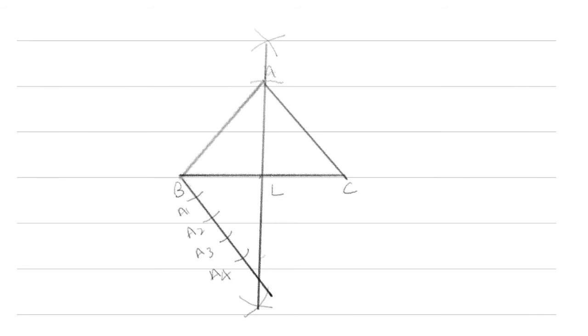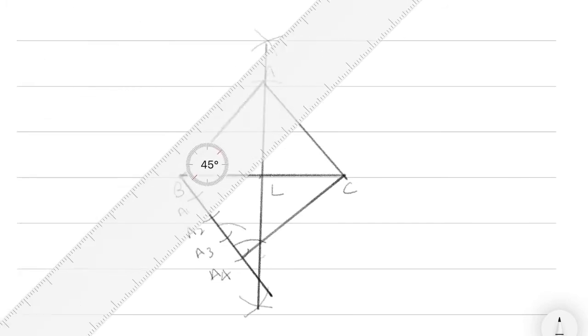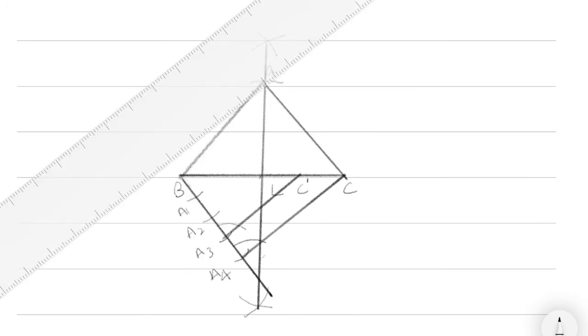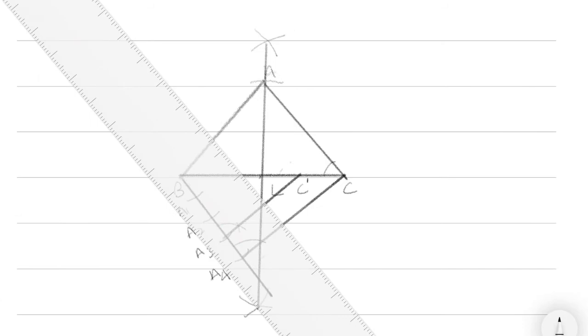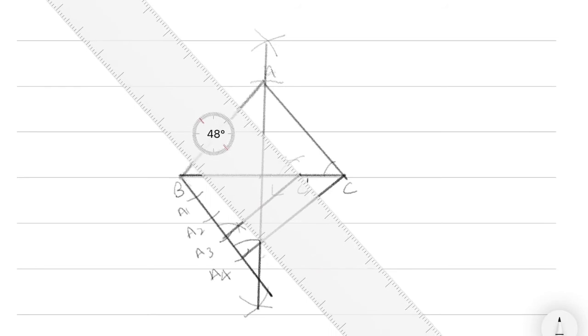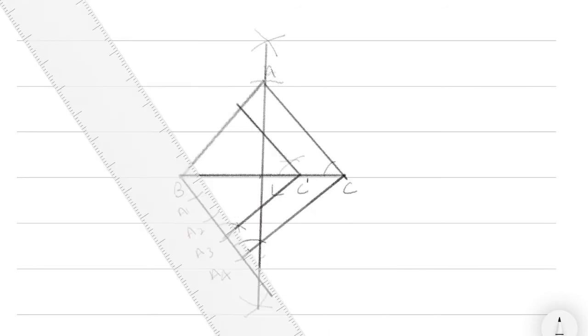Let's join A4 to C. We measure this angle at A4 and we draw the same angle at A3 to draw a parallel line. This is C dash. Then we measure angle C and draw the same angle at C dash. So here we have a line.